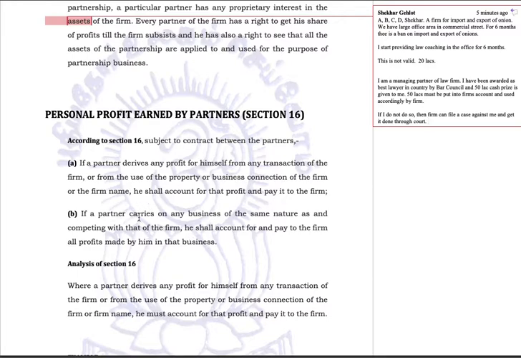If a partner carries on any business of the same nature as and competing with that of the firm, he shall account for and pay to the firm all profits made by him in that business. I am a partner of a law firm, but I have my independent law practice as well.